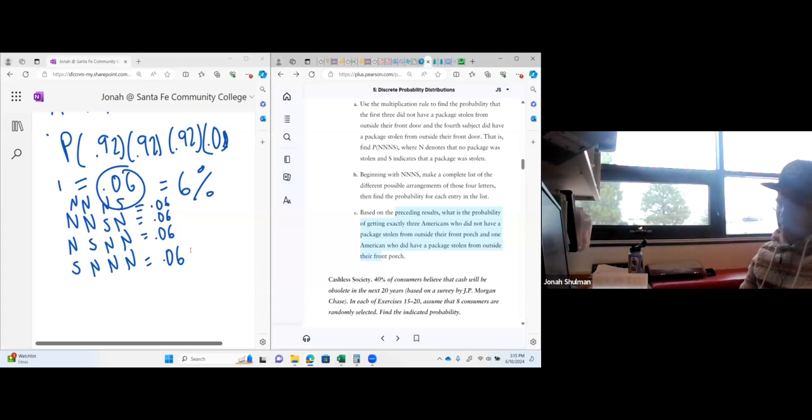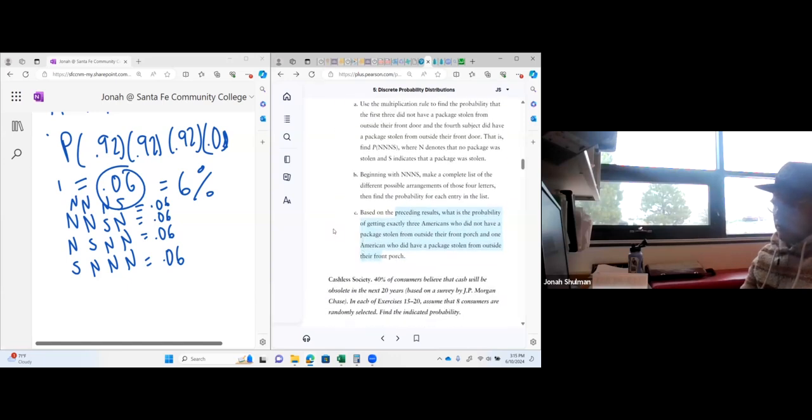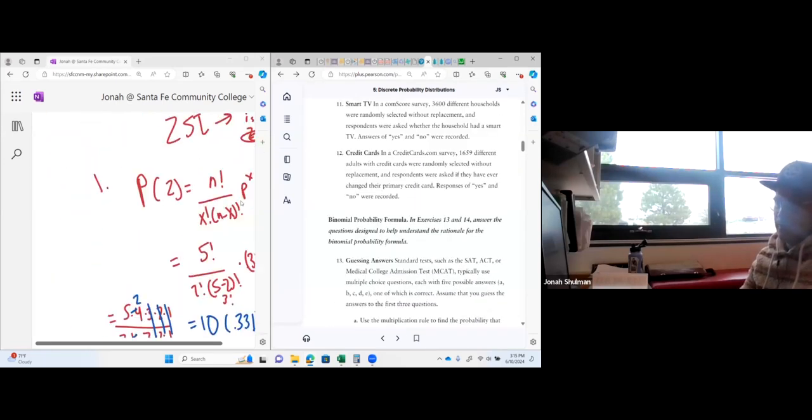So does this change? Does this matter? Are all these the same? So getting exactly 3, are all of these together? Do they work differently? I'll leave this part for you. I really want you to think this one through and really try to see what makes sense.